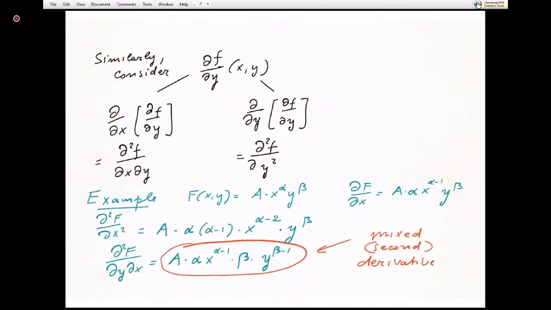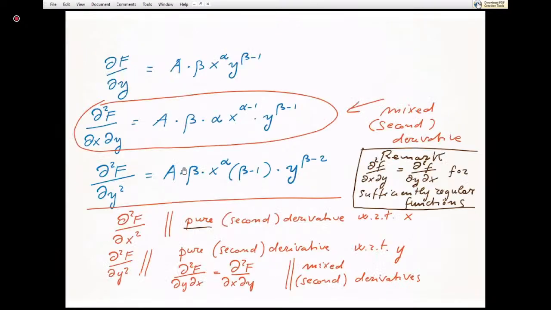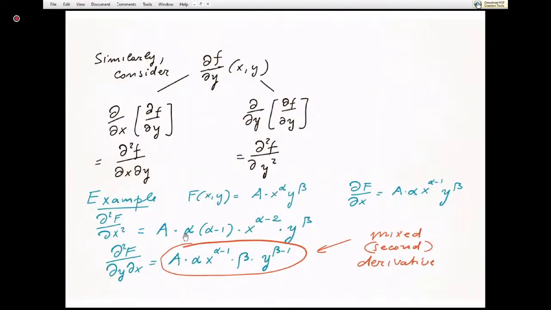We have studied the first and second partial derivatives of the Cobb-Douglas function. Do you remember that we were able to express the first derivatives in terms of the function? For instance, this one would be alpha over x times the value of the function, and this one would be beta over y times the value of the function, which is a very useful representation. It's possible to do something similar also with the second derivatives.